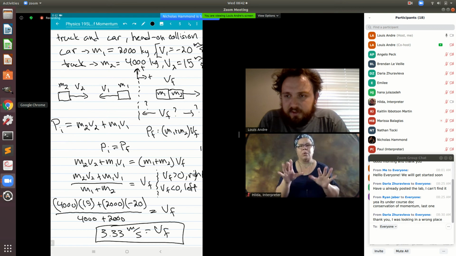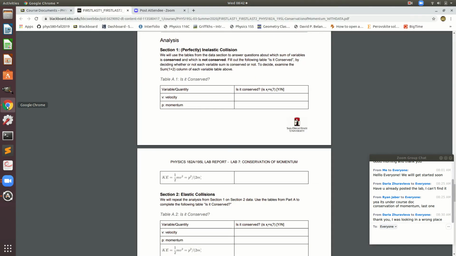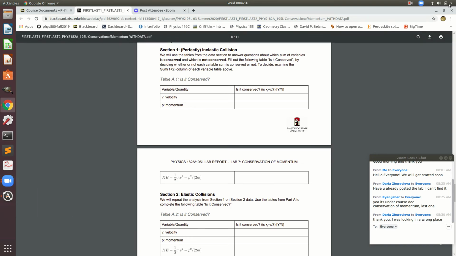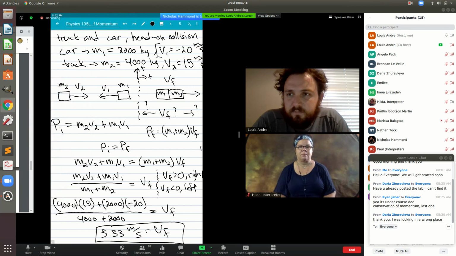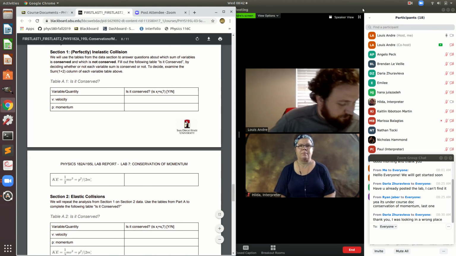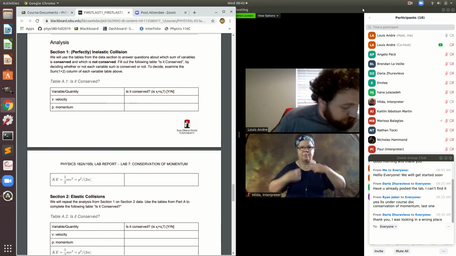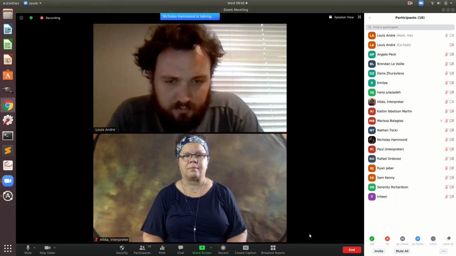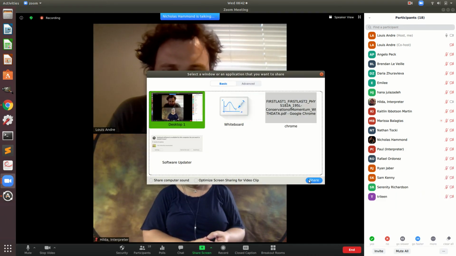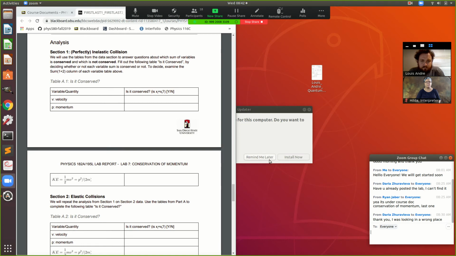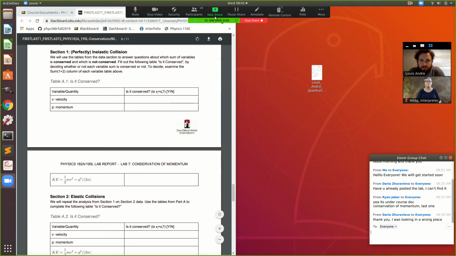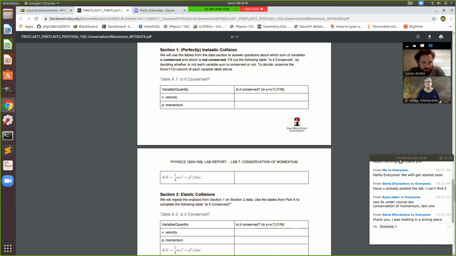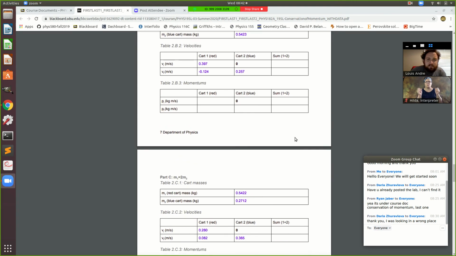So I'm going to switch gears now. Okay, so here's the actual lab that we're doing.